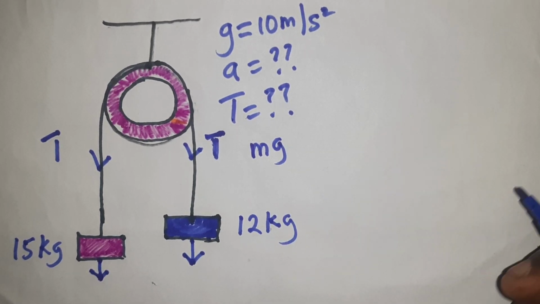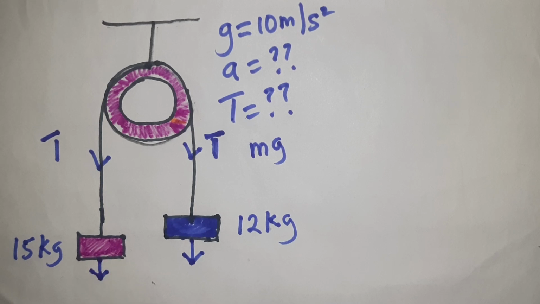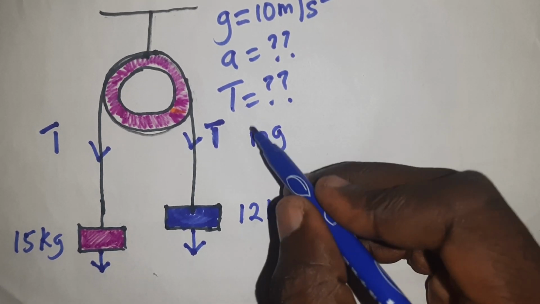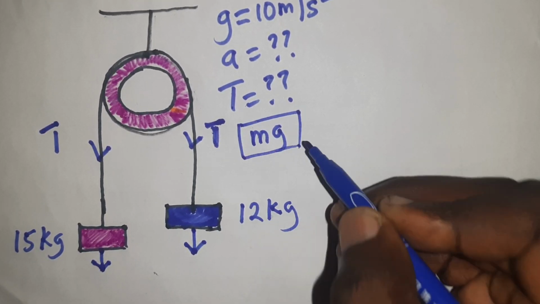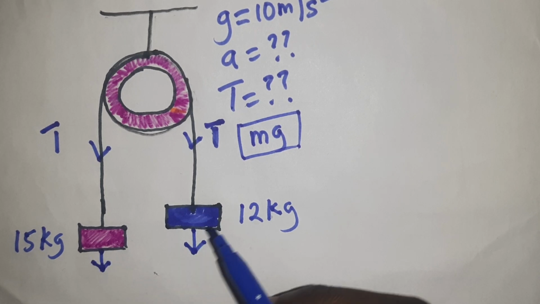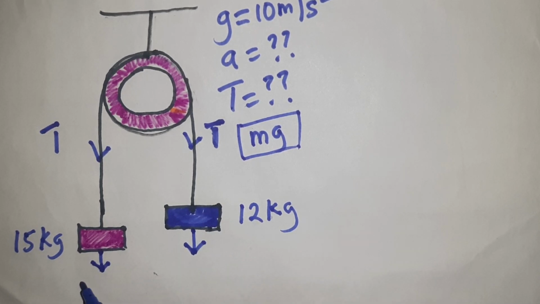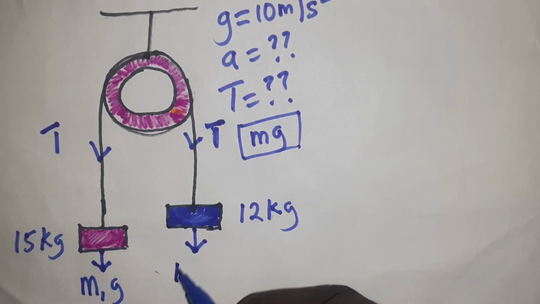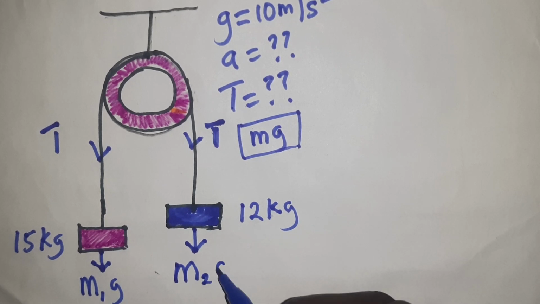That's how you get the force of gravity on these objects, and we know that it is also equal to the weight of the masses. So let's get the particular force pulling each mass down. I'm going to use m1g, and for this other one m2g.